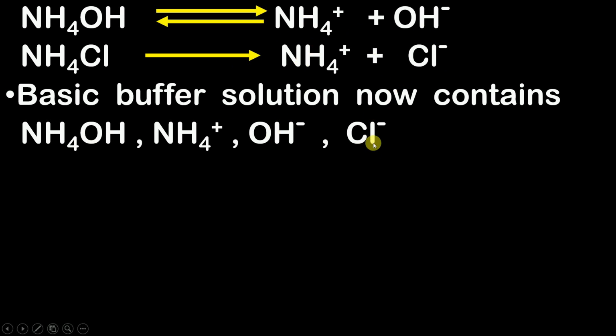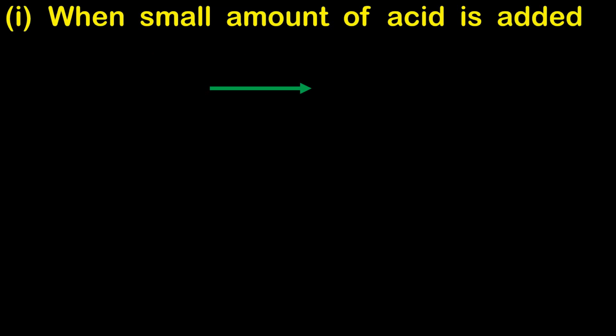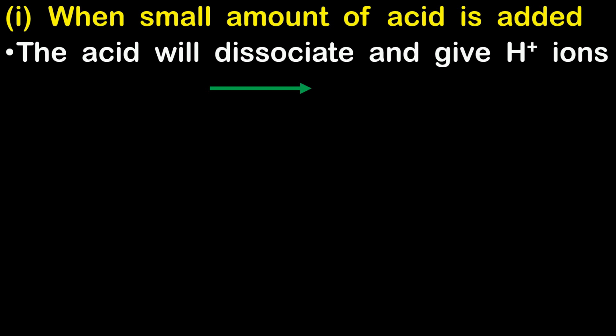Okay, now let's say that you add a small amount of acid to the basic buffer solution. What is going to happen? The acid will dissociate and give H plus ions.